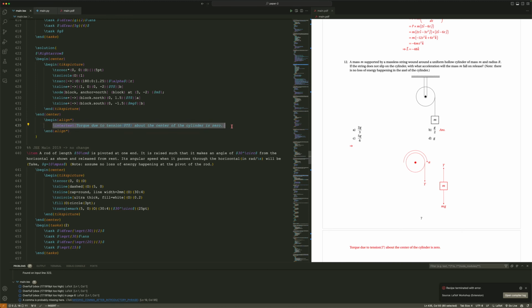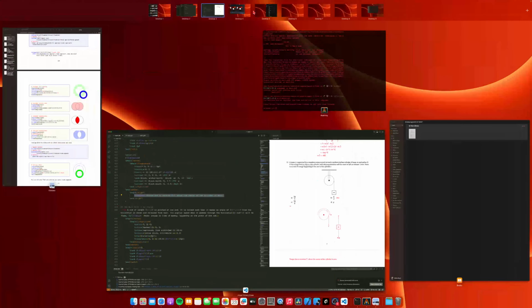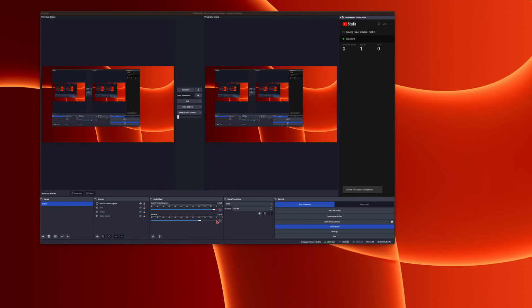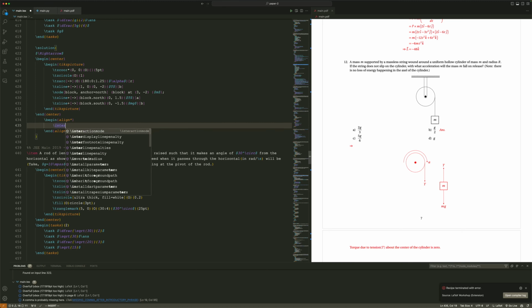So, firstly, write the equation for Newton's second law for the block.